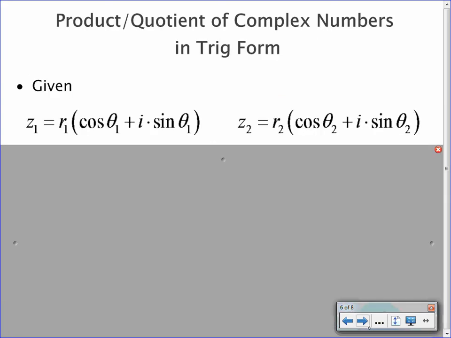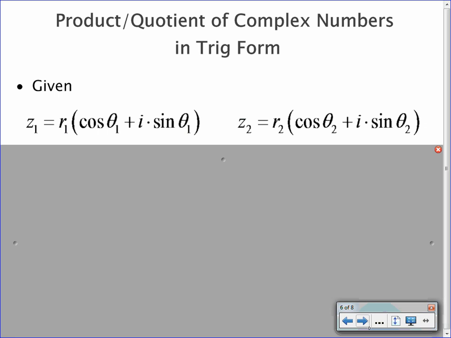Did you have to divide on that homework? No. Okay. Do you remember dividing? Where you had to multiply by the conjugate in the denominator? Okay. Now, but with trig complex numbers, we have an alternative way to multiply and divide. Okay? So here are our two complex numbers.